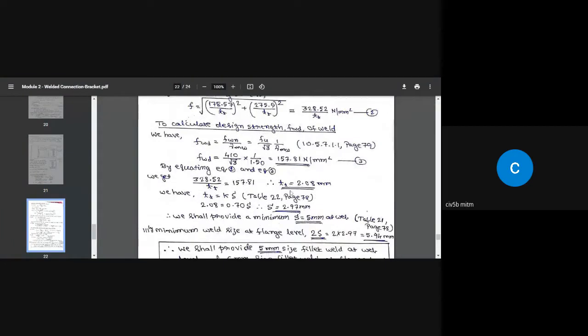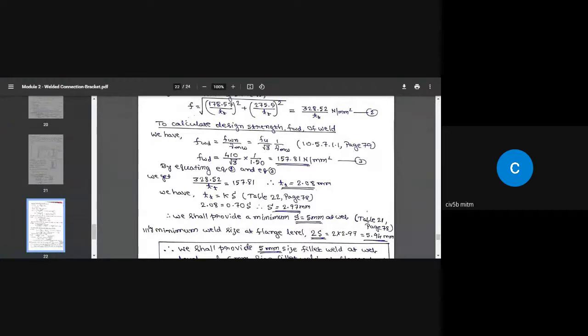Now I'm going to equate the stress developed at the extreme weld due to the design load with the design strength of the weld. So that way I got the thickness of the throat equal to 2.08 millimeter.